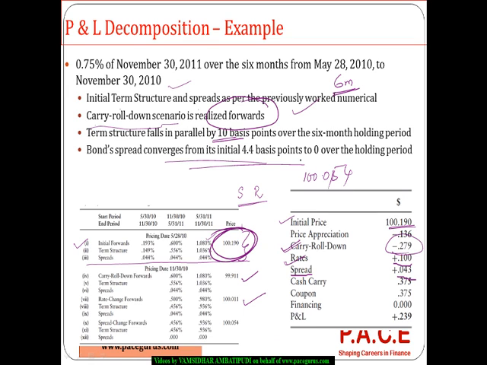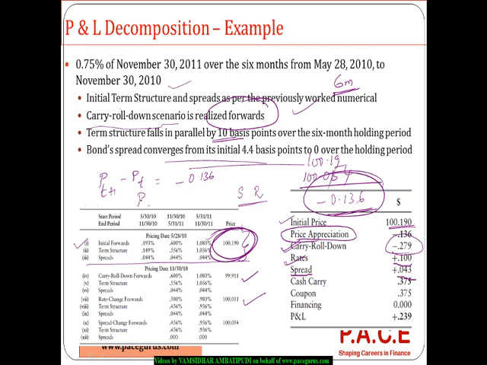So from 100.19 there is a fall to 100.054, which is minus 0.136, the typical loss that has come out in the process. So there is a loss of minus 0.136, and that is what we are talking of as the price appreciation. Right, minus 0.136 is the price appreciation. So PT plus 1 minus PT is minus 0.136.